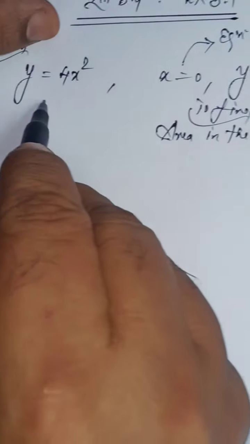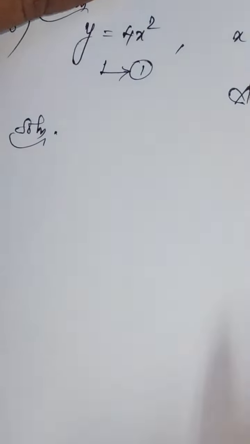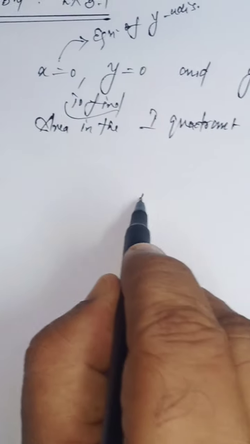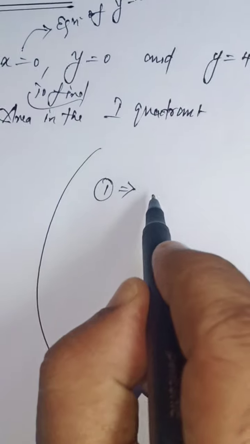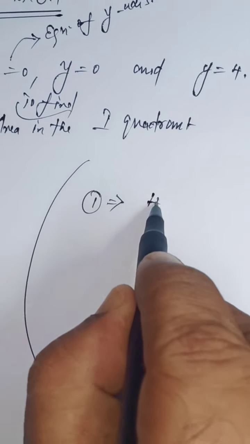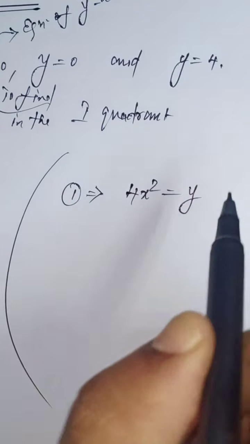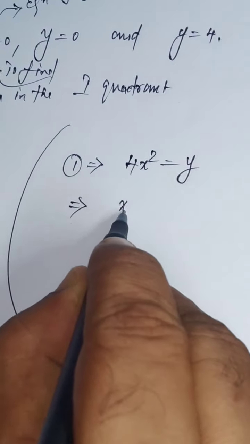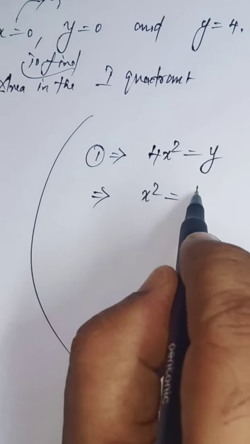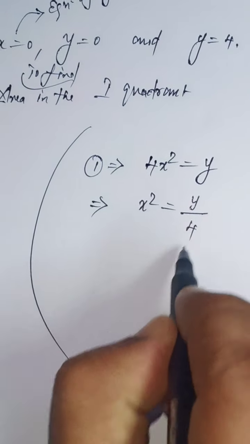So that I am finding x from equation number 1. Y equals 4x squared. Can we write 4x squared equals y? I am retaining x squared on the left hand side: x squared equals y divided by 4.